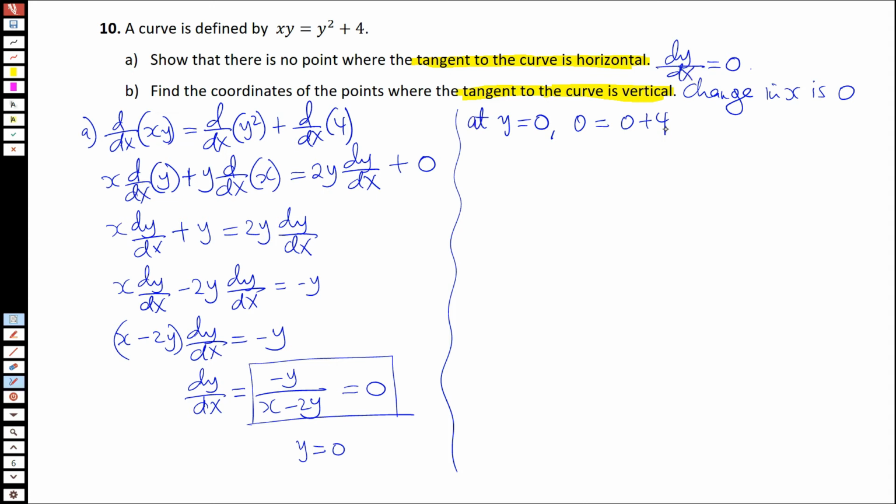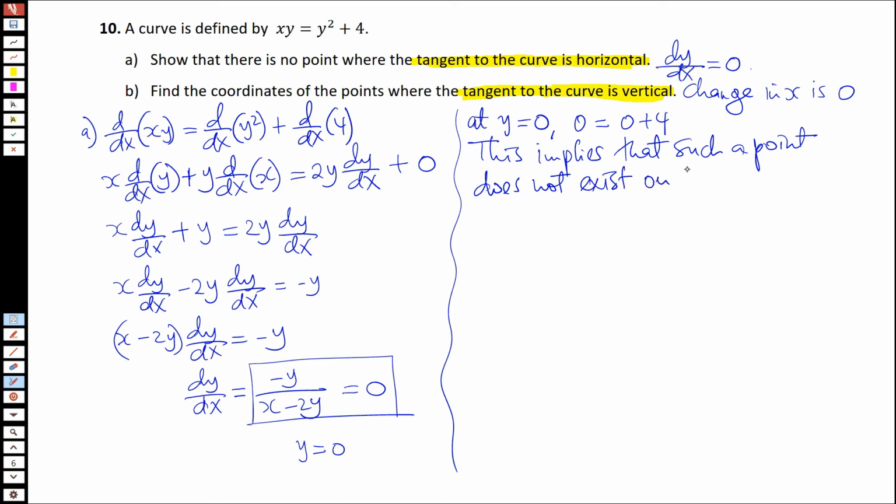This implies that such a point does not exist on this curve. And that's basically what you're required to show in part A, that there's no point where the tangent to the curve is horizontal.